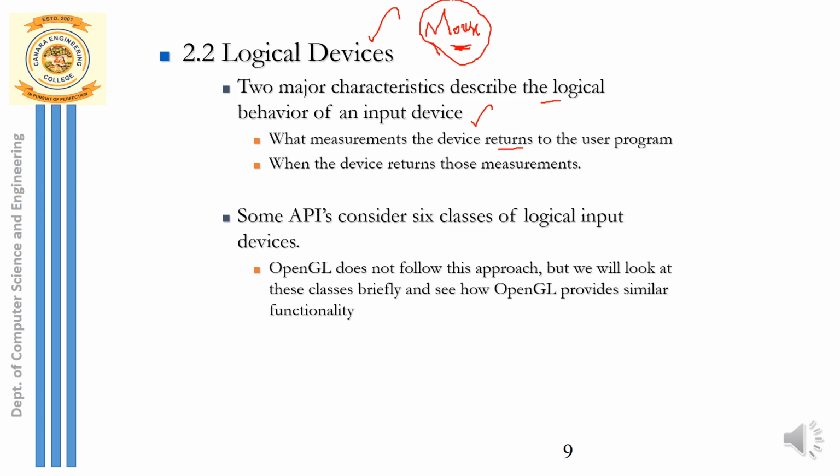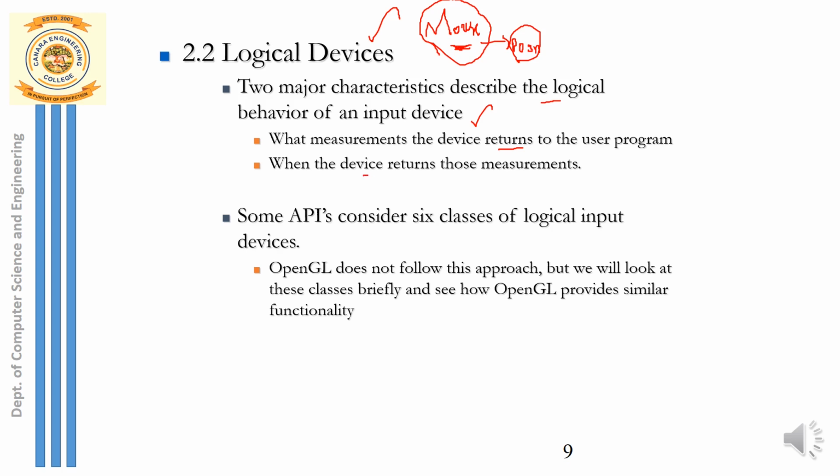So what is usually the measure that the device returns? The device returns a value. Suppose I take a mouse, the value that it returns is always a position on the screen. That is what you call a measure, or the value that the device returns to the program. Based on what type of measure the device returns to the program, we categorize it as a logical input device.